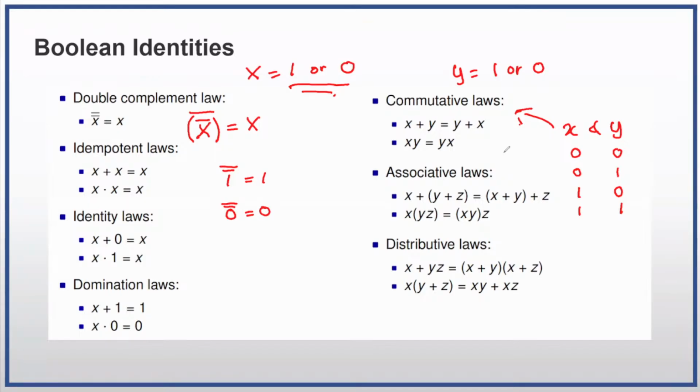The next law is the associative law. If there are 3 inputs x, y, and z, then x plus the bracket of y plus z, where you simplify y plus z first, is similar to doing the bracket of x plus y first and then plus z. So x plus y plus z is equal to x plus y plus z.